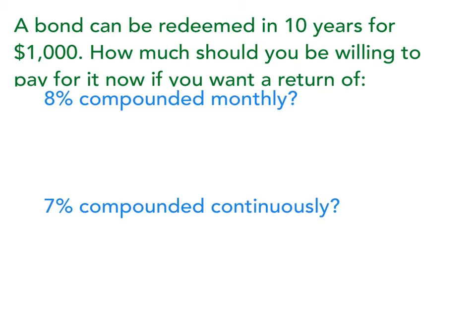So if I take a look at a really quick example of present value, I have a bond that can be redeemed in 10 years for $1,000. How much should I be willing to pay for it now if I want a return of either 8% compounded monthly or 7% compounded continuously? So for the first one, I'm going to plug that into my first equation.